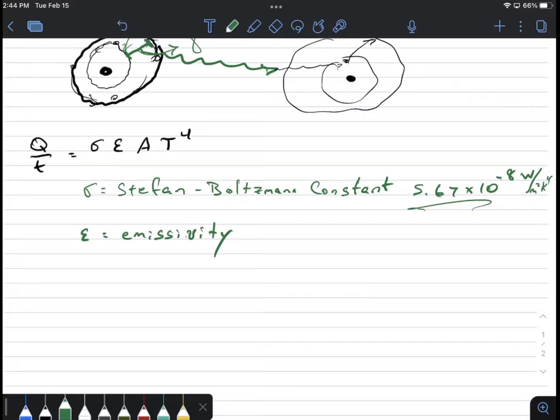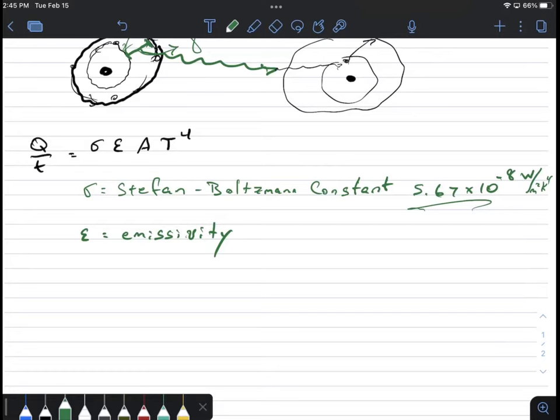Just like before with heat conduction, certain materials, as they heat up, will allow their electrons to change their orbitals easier than other materials. And the emissivity basically gives you some kind of a feeling for how much of its energy will be released.